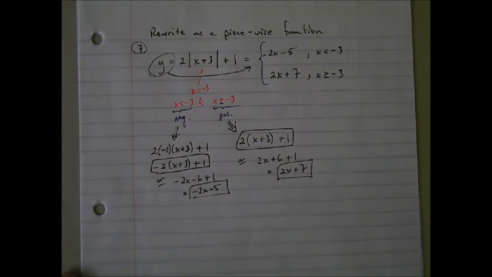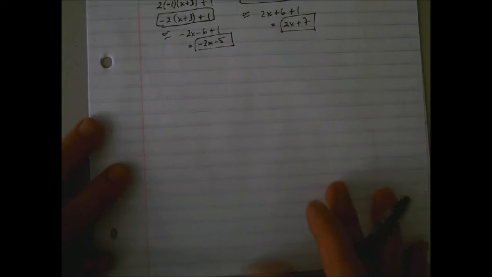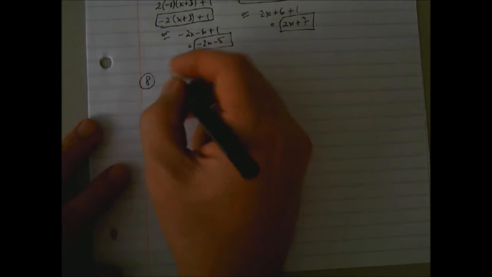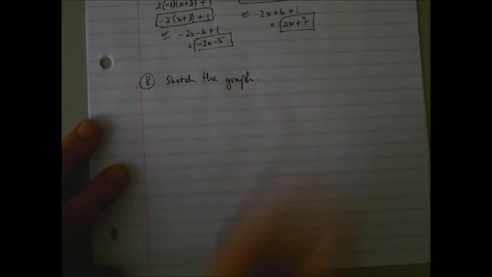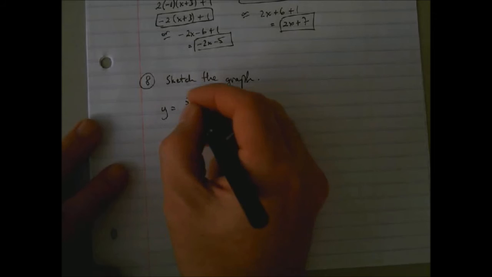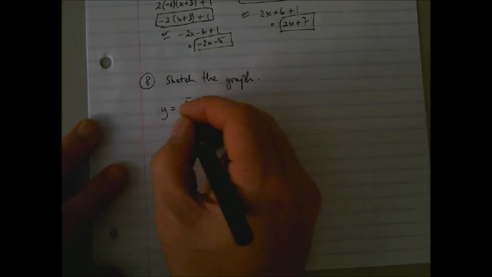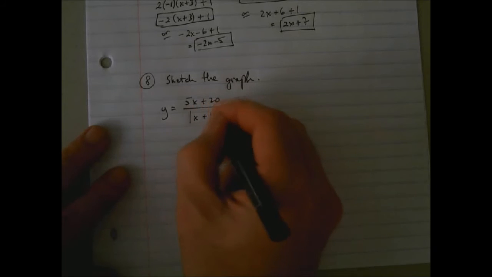Okay, last problem I'm going to do with you, problem number 8. We are going to sketch this graph, and it is y equals 5x plus 20 all over the absolute value of x plus 4.